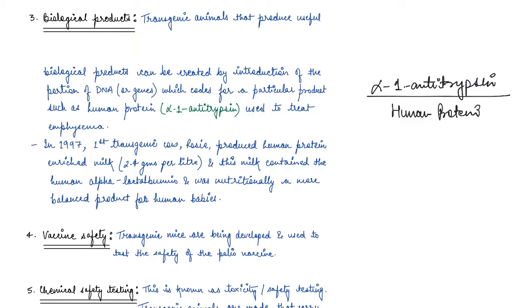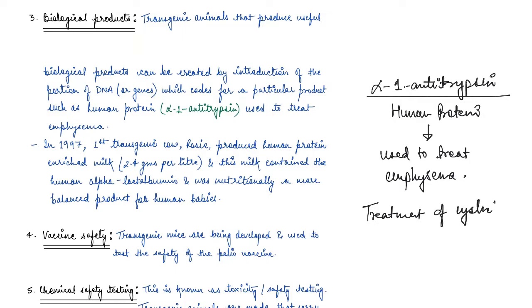And this human protein is used to treat emphysema. Okay, in a similar way, for treatment of cystic fibrosis, we use phenylketonuria.